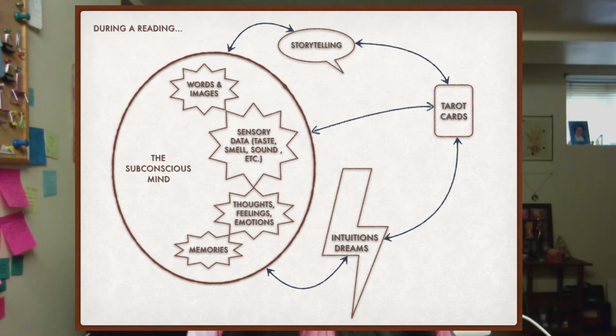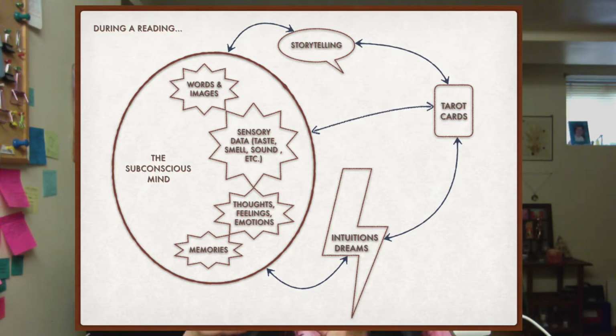Now, what happens is your tarot cards have images which will basically spark one of those memories. All right. And of course, they will spark storytelling, and they will also spark your intuitions and dreams.